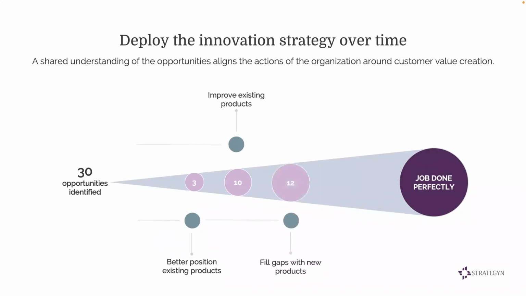Maybe you introduce new products that fill the gaps in the portfolio that get parts of the job done that weren't getting done before. And from there, you can make investments in R&D and M&A in order to invest in the future to eventually get the job done perfectly.